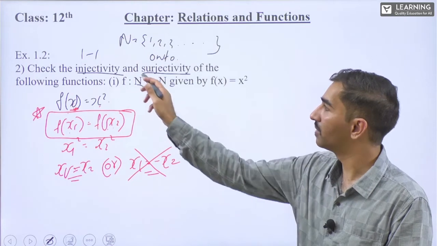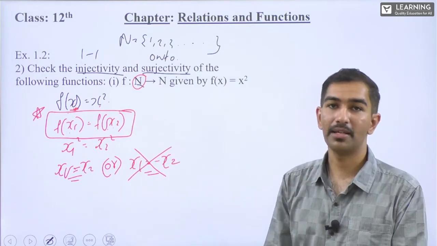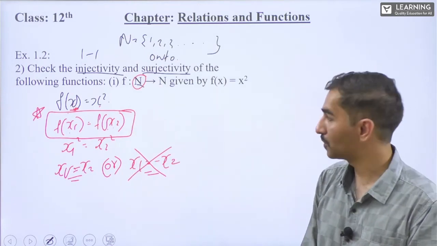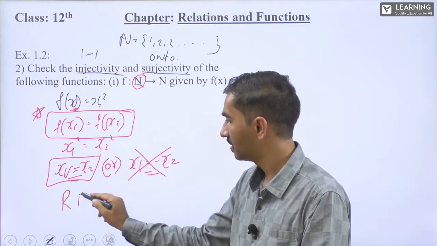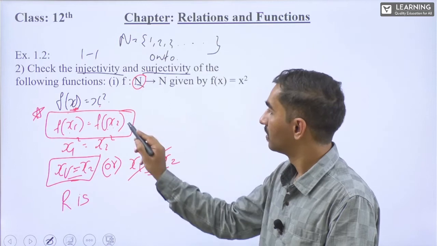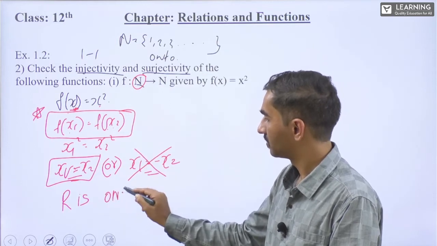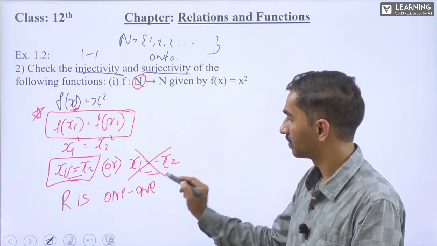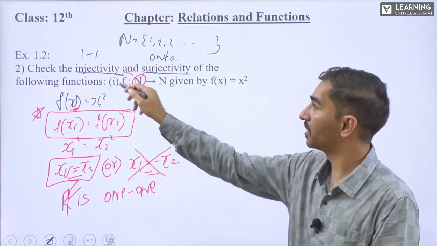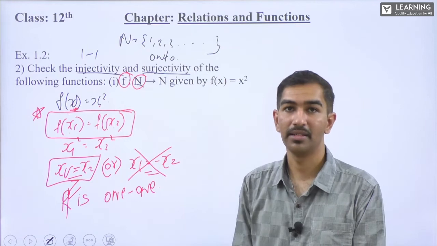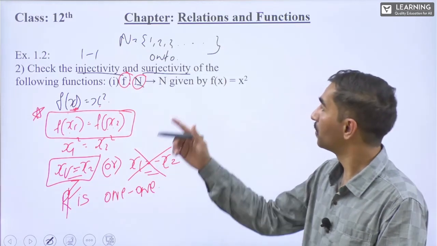Because it is the set of natural numbers and there are no negative numbers in natural numbers. So x1 is equal to x2, which means what, students? The relation is 1, 1. Okay, it's not relation, here it is function. The function is 1, 1.